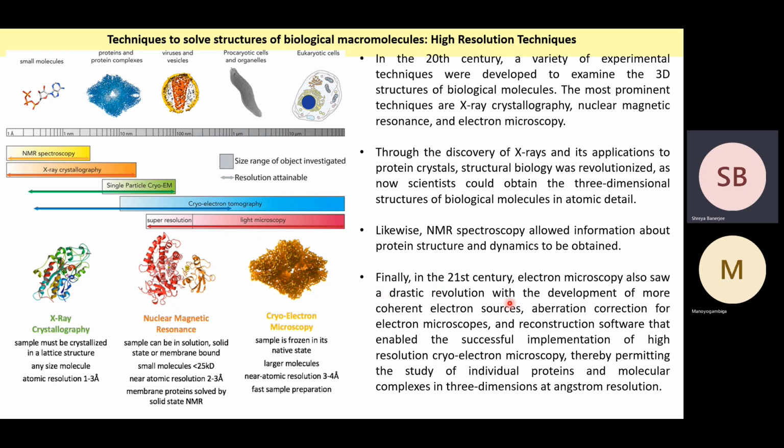And finally, in the 21st century, electron microscopy also saw a drastic revolution with the development of more coherent electron sources, aberration correction for electron microscopes, and software that reconstructed the pictures and enabled successful implementation of high-resolution cryo-electron microscopy. This permitted the study of individual proteins and molecular complexes in 3 dimensions up to angstrom resolution.